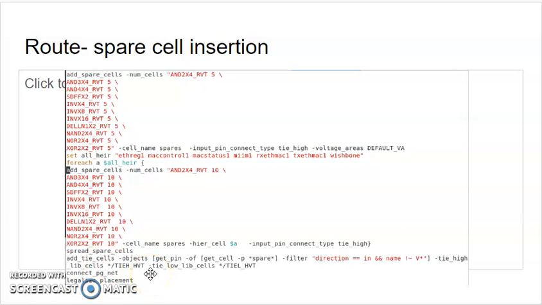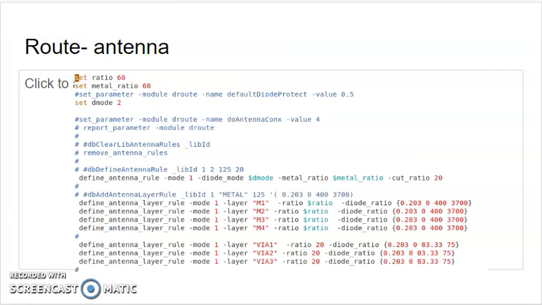The most important step is to run the connect pg net. If you miss this command, the route command will not run successfully. I also want the tool to fix antenna violations, so I add the antenna rule in this stage.